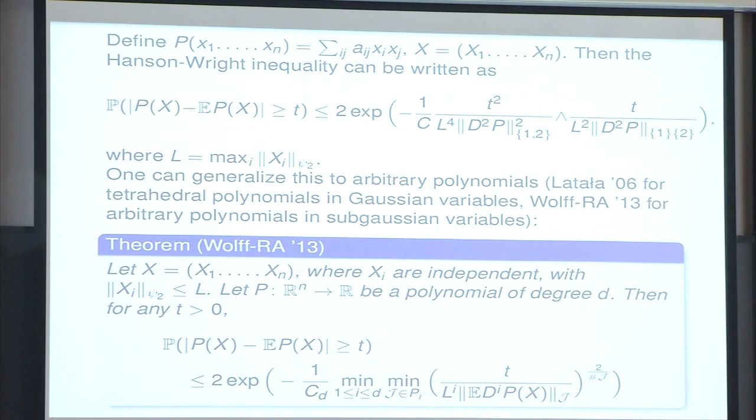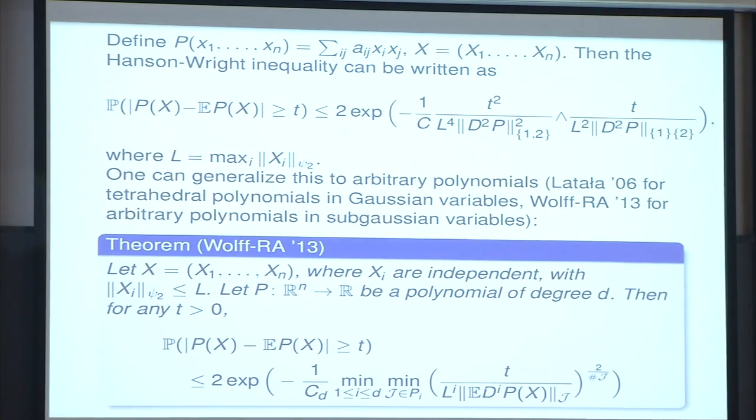So we assume that we have independent random variables, uniformly sub-Gaussian. We have our polynomial of degree d. And then its tail decay is governed by, you have to look at all the derivative matrices of order from 1 to d. Of course, the derivatives of order d plus 1 are just 0, because it's of degree d. Integrate them.